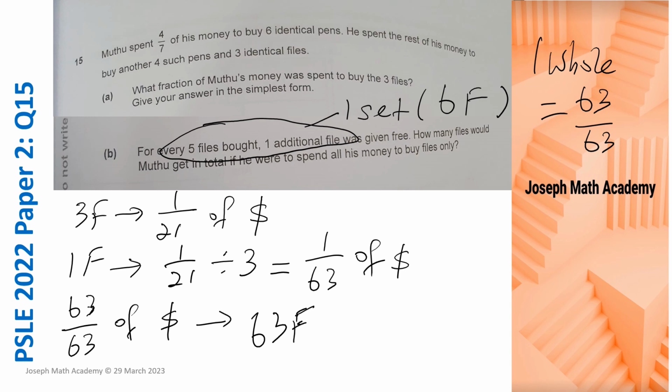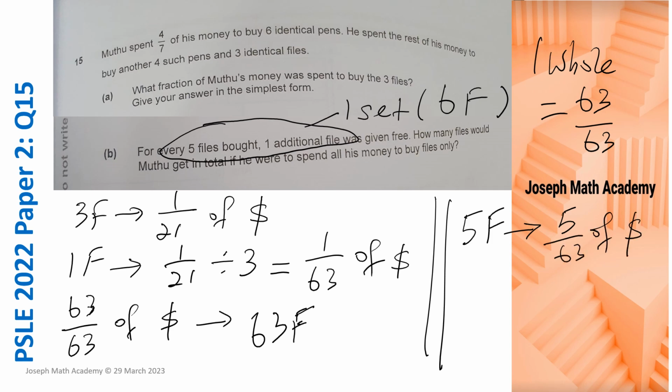It's a direct proportion. Now, we know that Muthu can just buy 5 files to get 1 file free, right? So the price of 5 files should be 5 out of 63 of his money.